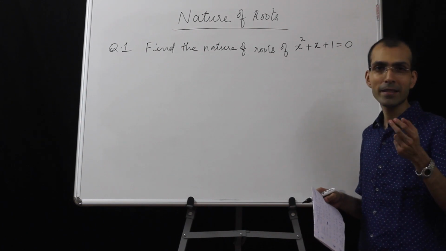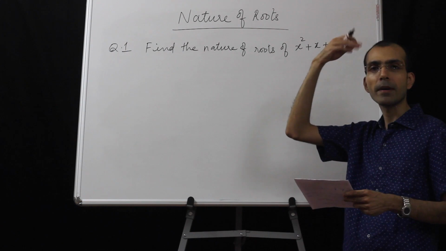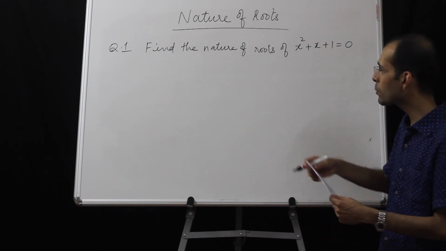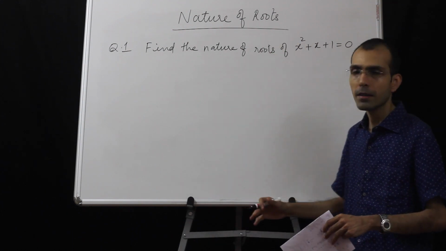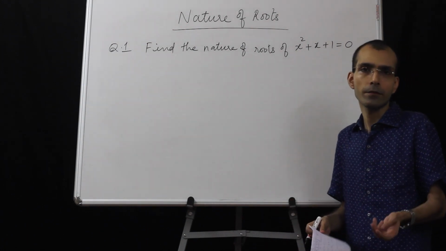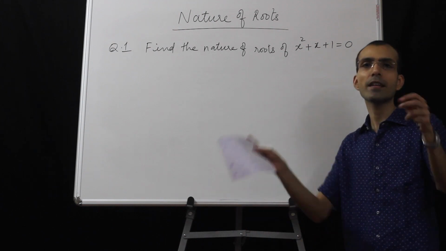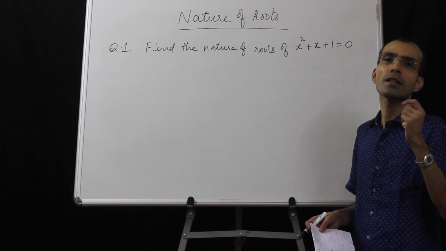Please note, when they say without solving, it does not mean that you do it in your mind. Without solving means you are not expected to use the formula or to solve the full sum, then look at the final answer and say, oh, now I know the nature. What is the sense? If you are solving the whole equation, getting the 2 roots and then giving the nature of roots, no point. Without solving, we should be able to judge.